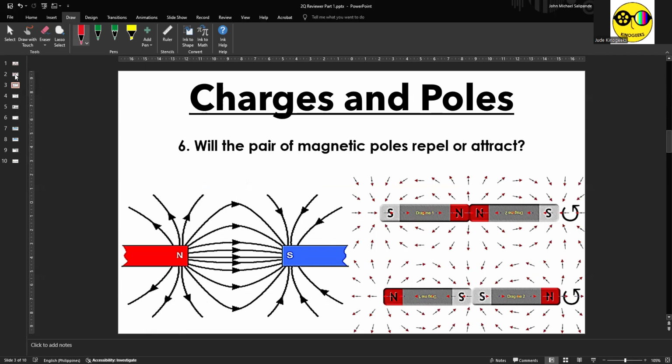Number one is like poles repel. So the pairs of poles that will repel are north-north and south-south. If you place two magnets together with the same poles oriented towards each other, then they will repel.